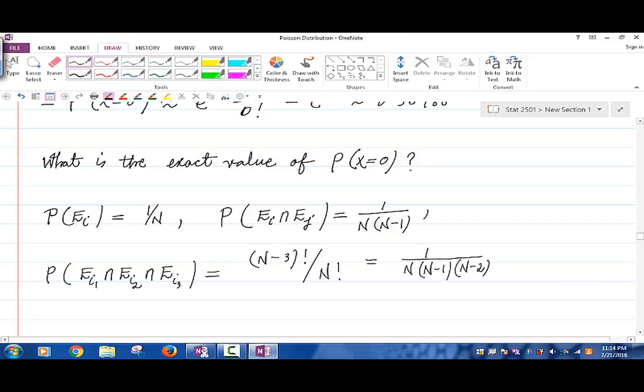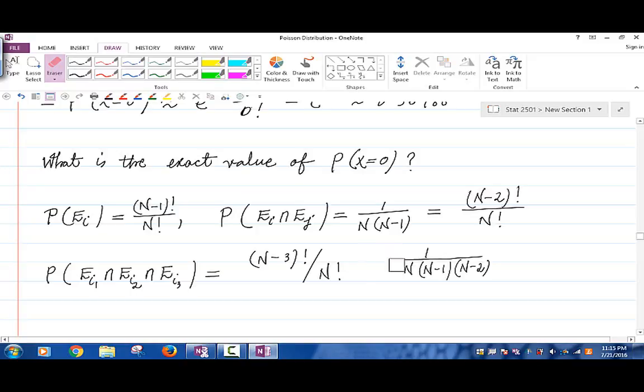In fact, let me write that this is the same. The probability of E_i intersect E_j is the same as n minus 2 factorial over n factorial, and the probability of E_i is the same as n minus 1 factorial over n factorial.